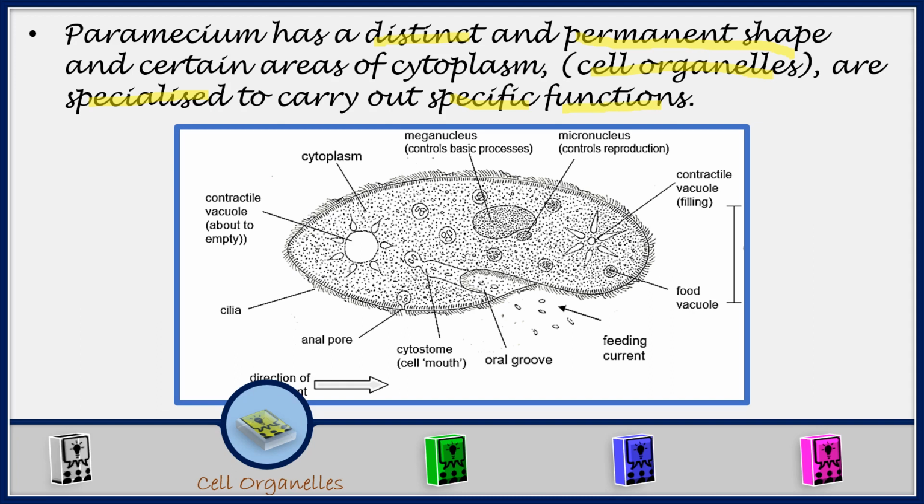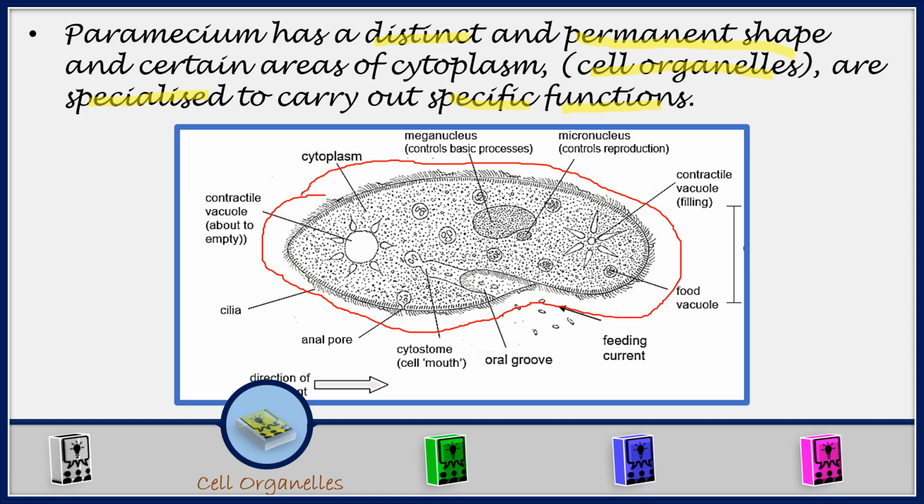Its shape does not change. It remains the same. It does not form another shape like amoeba. And it is a permanent shape. And we are saying that certain areas of the cytoplasm are specialized to carry out specific functions.